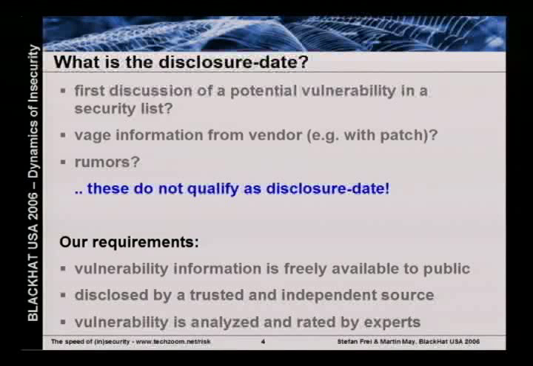And this is our third requirement: with the vulnerability information disclosed, we want the vulnerability to have undergone some analysis. At least we require that there's a risk rating. With this requirement, we want to ensure that we don't have too many false positives. So if something is disclosed and fulfills all those requirements, it is really considered a vulnerability by experts.